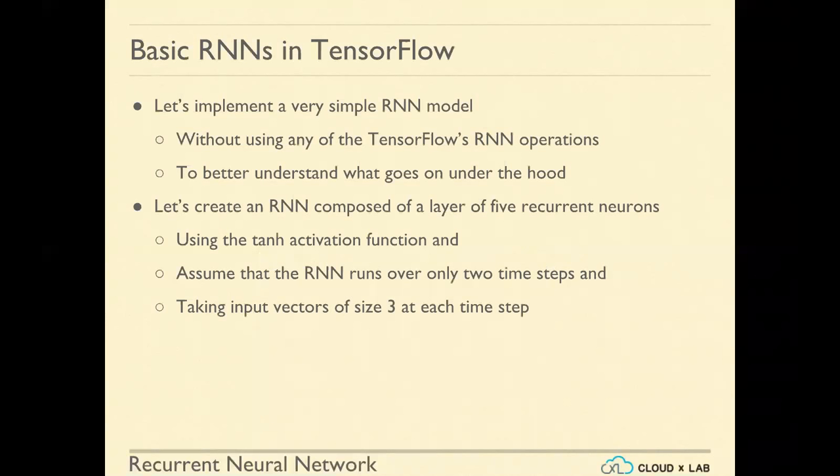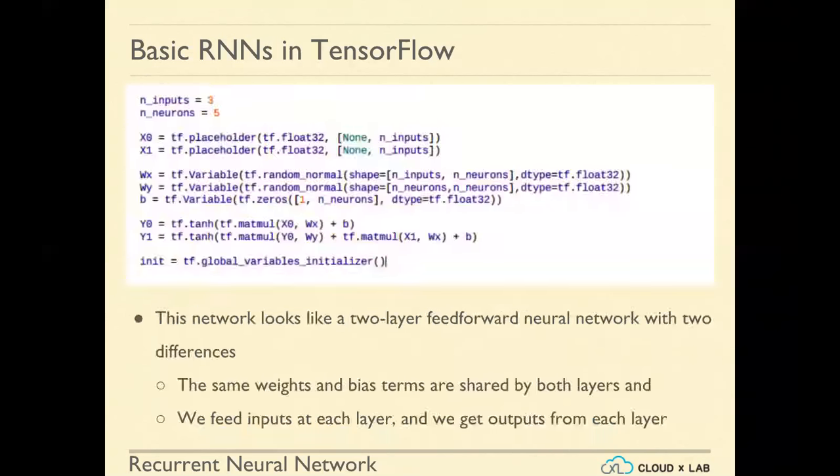So, create an RNN composed of a layer of 5 recurrent neurons using the tanh activation function, and assume that the RNN runs over only 2 time steps and takes input vectors of size 3 at each time step. All right, let's take a look. Here we have how many inputs?